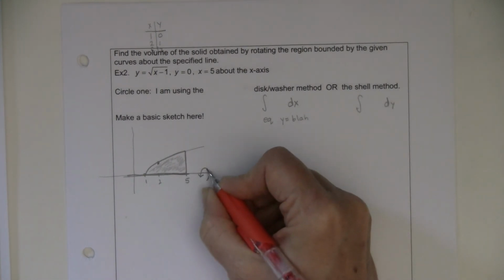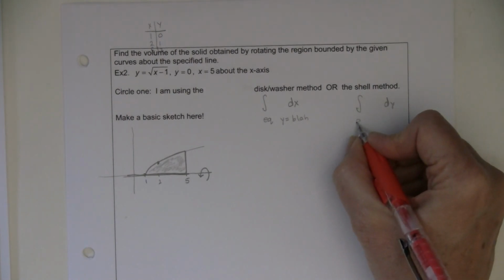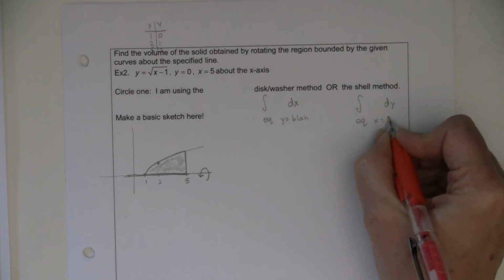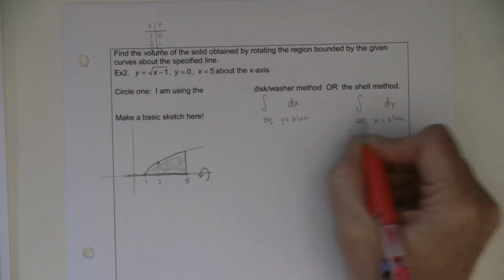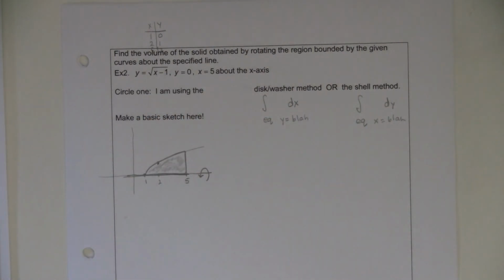If I'm going around the x-axis, it'll be dy, and that would mean your equations need to be solved for x equals blah, blah, blah. That would mean I'd have to rearrange this equation and solve it for x, which is actually possible. So I could use either method on this one because it's possible.